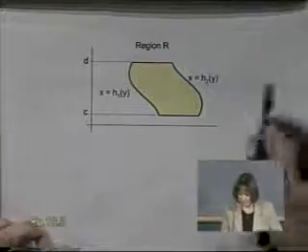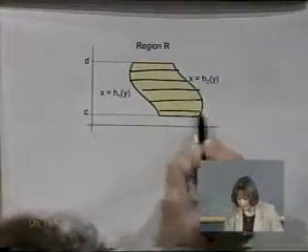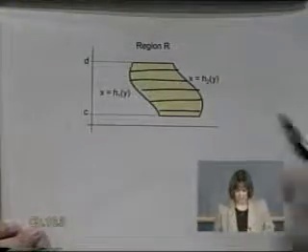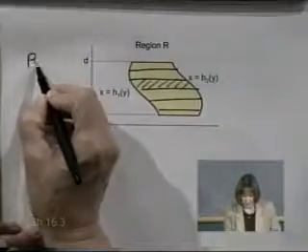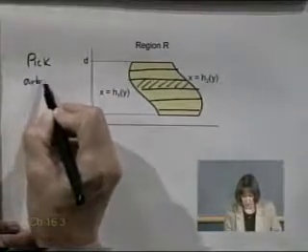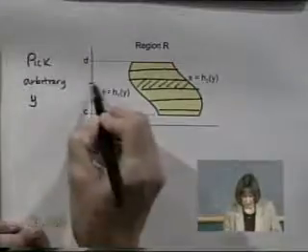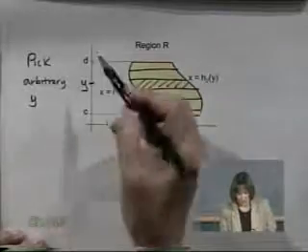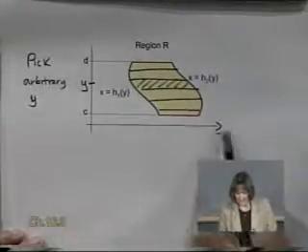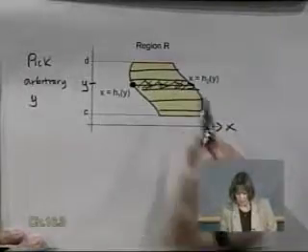On the other hand, if I draw my strips this way, and let's look at one thing, pick an arbitrary y in your domain, an arbitrary y between C and D, and ask yourself, if I take that arbitrary y between C and D, what is x ranging from? Well, I'm going from here to here.